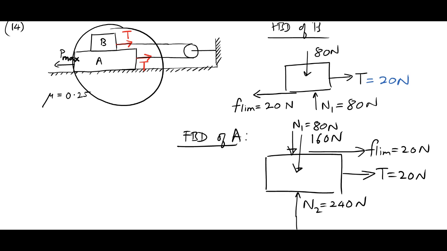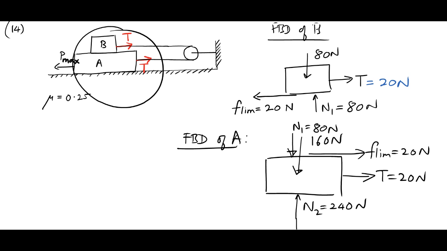And there's one force which is left, that is the friction exerted by the ground on block A at the bottom. In fact there is another force, there's P also, so we can write P max. The force that I was just talking about is the frictional force exerted by the ground on block A at the bottom.